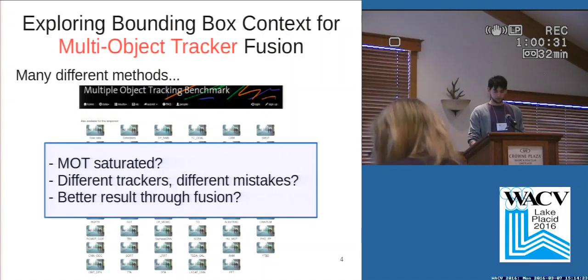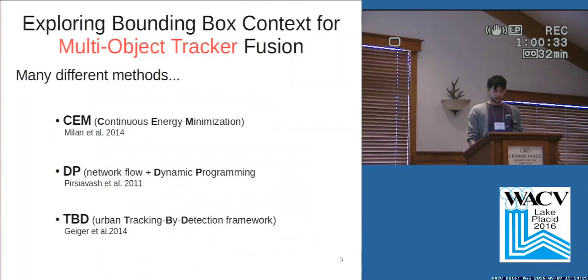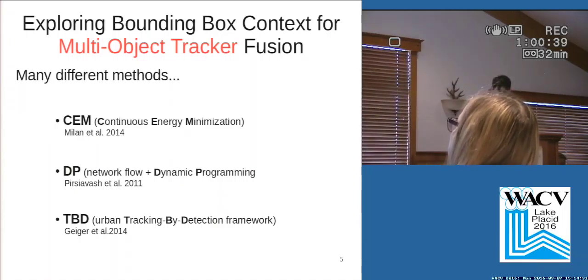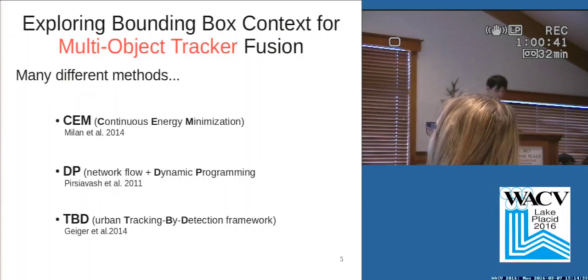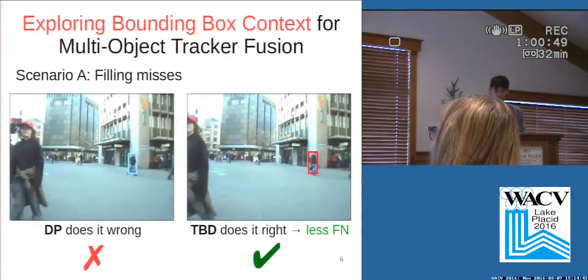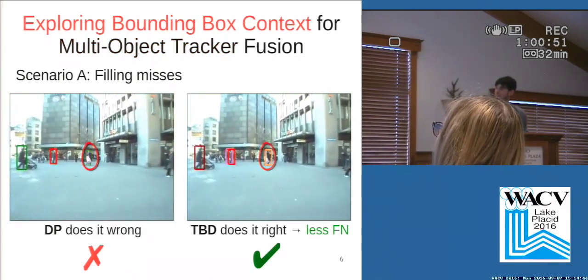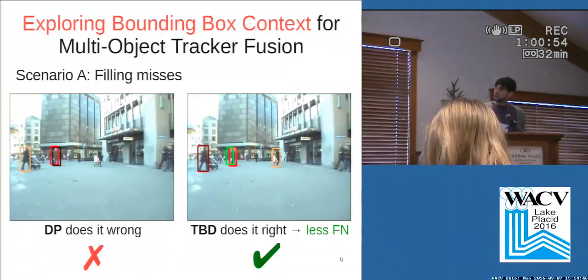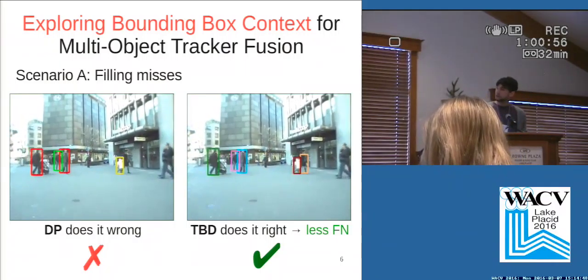So talking about different trackers, different mistakes, here are three example methods. Continuous energy minimization, CEM, from Milan et al. The dynamic programming approach, DP, by Pirsiavash, and the tracking-by-detection framework, TBD, by Geiger. And let's have a look at these different methods. Here on the left we can see different scenarios for these methods.